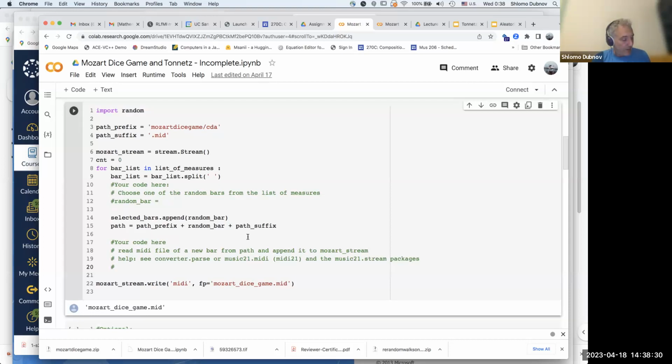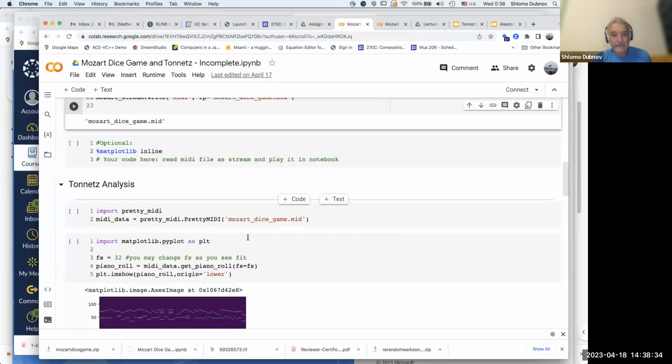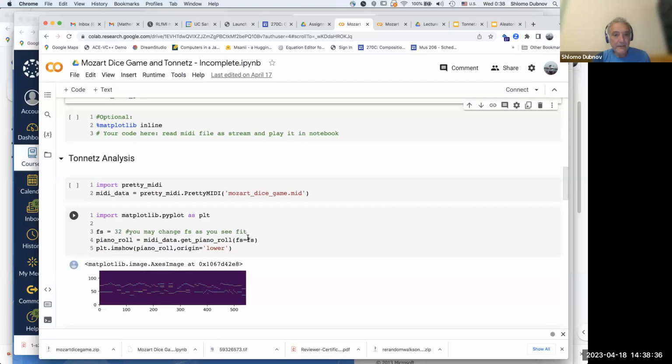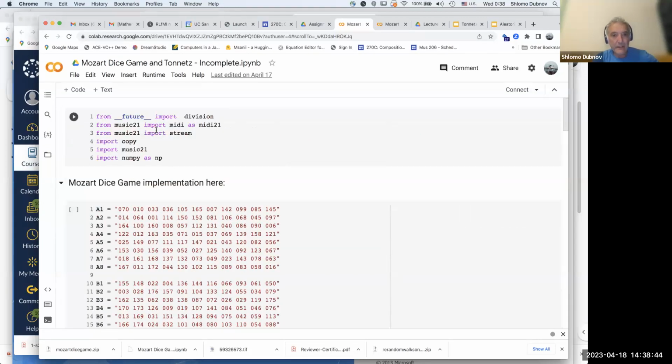So what will be next? The next part actually brings us back to Tonnetz. In the Tonnetz analysis, we'll be using a second library, which is Pretty MIDI. By the way, here we used Music21 stream.